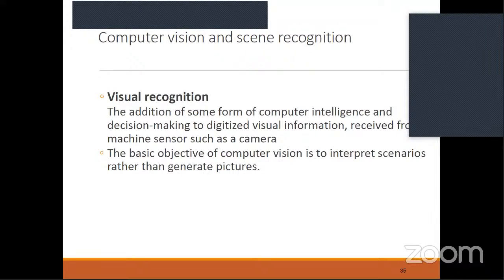Okay, so this is the addition of some form of computer intelligence and decision making to digitize visual information received from machine sensors such as cameras. So it actually understands. Self-driving cars are a good example of visual recognition, and the basic objective of computer vision is to interpret scenarios rather than generate pictures. The US military used computer vision and AI during their wars, and it remained successful in Desert Storm with Iraq.